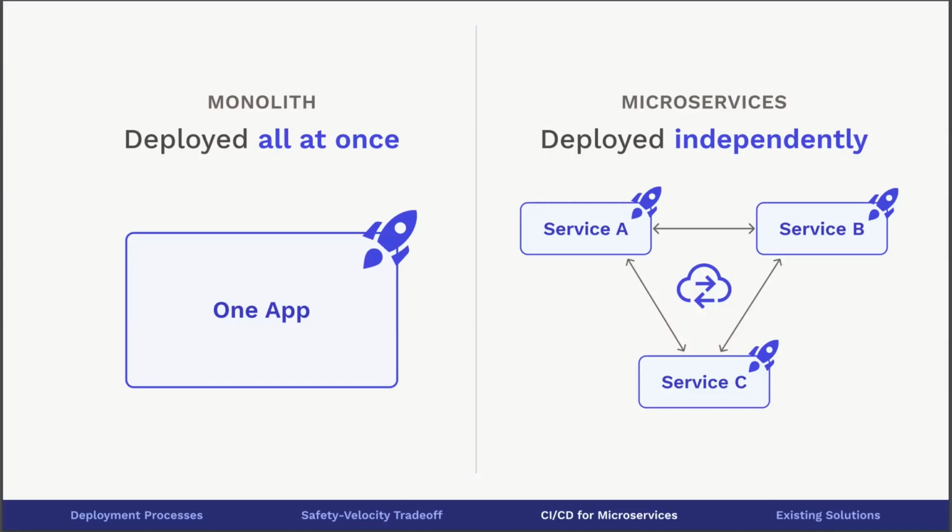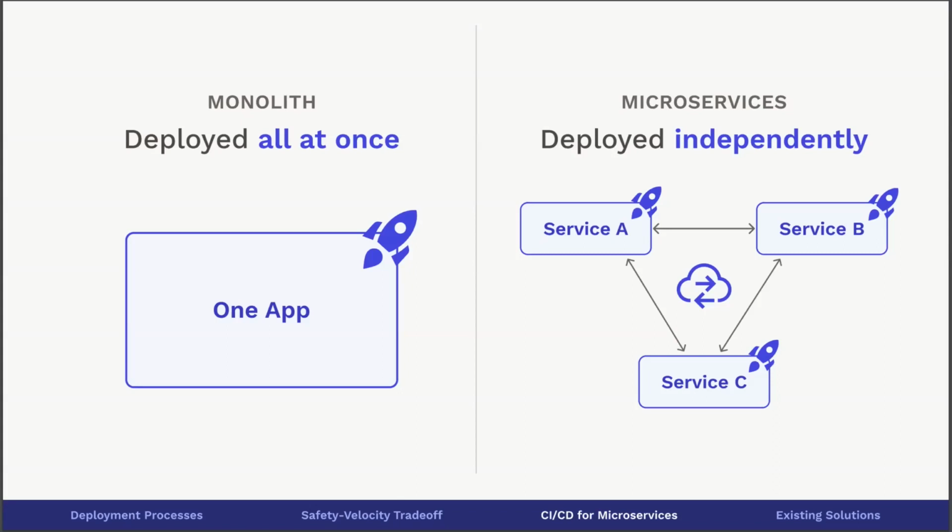One significant way in which these two architectures differ is in how they are deployed. For a monolith, since it's just one application, that entire application must be restarted whenever it is deployed. As a result, a monolith always has to be deployed all at once. But microservices, on the other hand, are split into multiple applications, so they can be deployed as smaller, independent units.